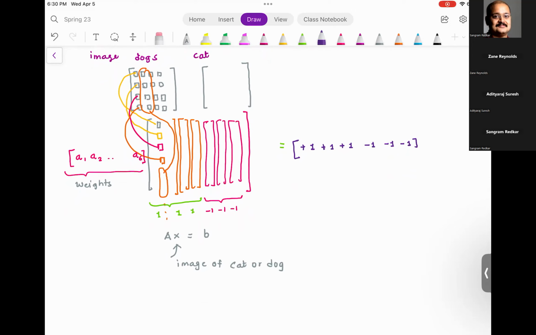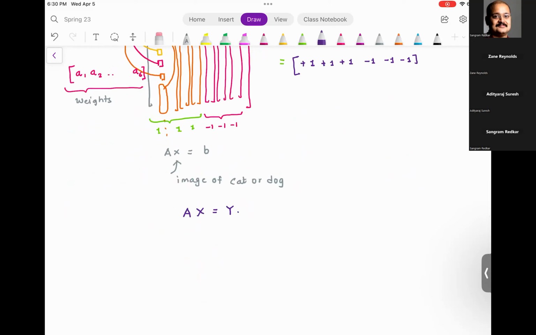And that should be able to give me, so I'm going to call this system, just to be consistent, I'm going to write this down as A x is equal to y.